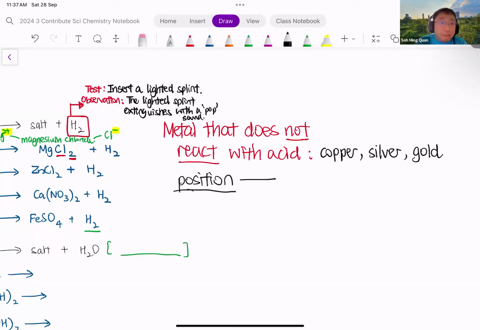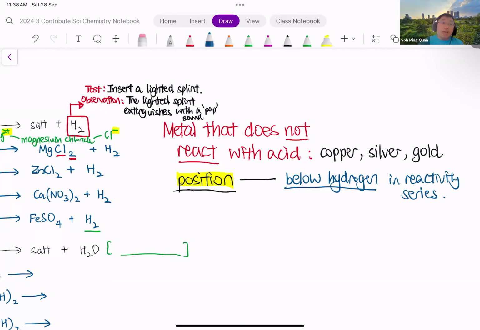Okay, so how do you remember that copper, silver, and gold do not react with acids? Well, this can be deduced from their position in the reactivity series. Because the position of the metal in the reactivity series will tell you whether it's reactive or not reactive. For the metals like copper, silver, gold, they do not react with acids because they are below hydrogen in the reactivity series.